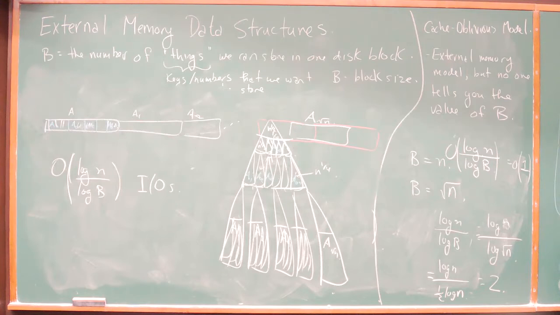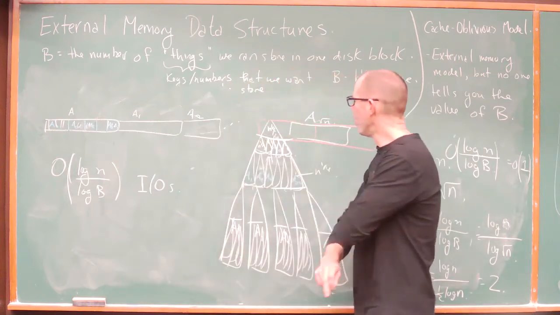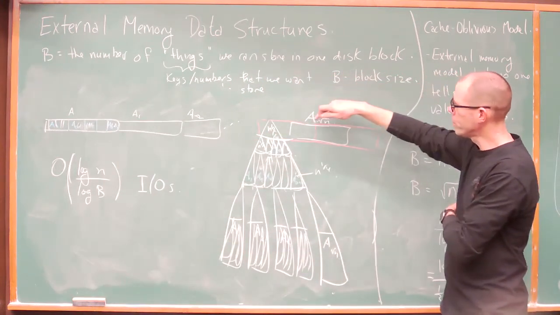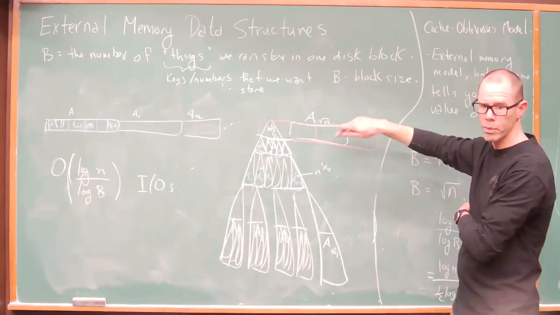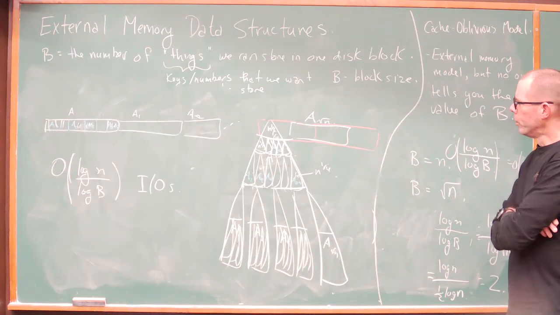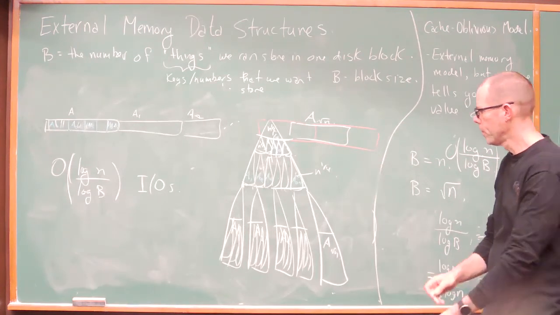For instance, we already checked that this will work if you take B to be bigger than square root of N but less than N. We already figured out that in that case, you'll have to look at this block and then one other subtree of size square root N, which is going across at most 2 blocks if the block sizes are bigger than square root N. So we just need to generalize that to any value of B.